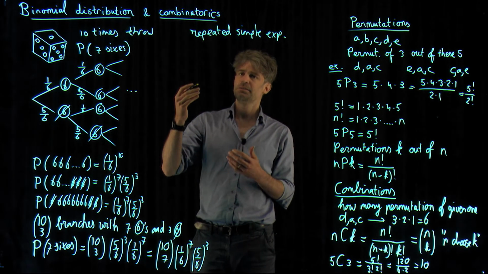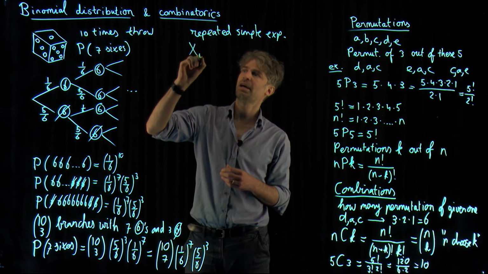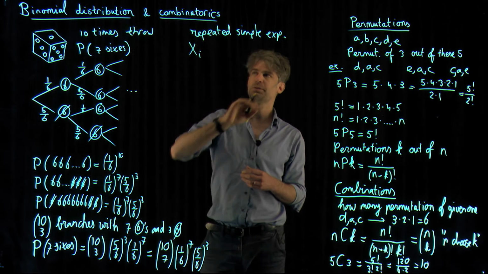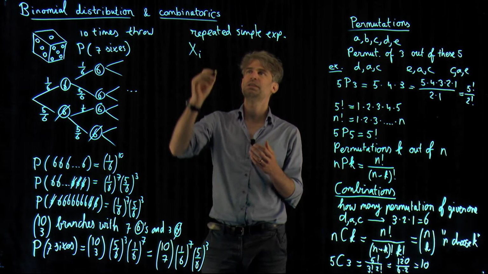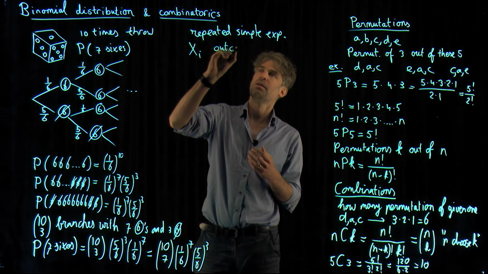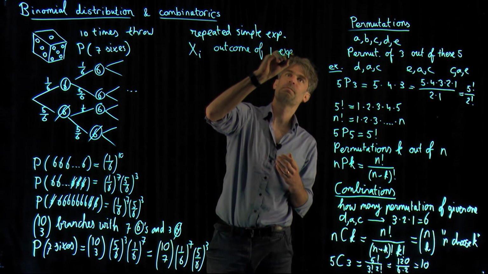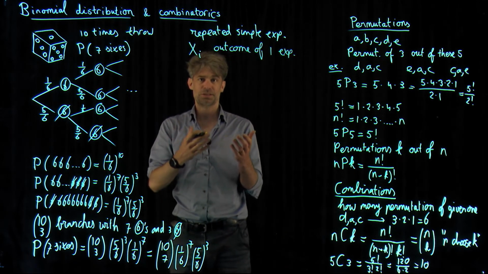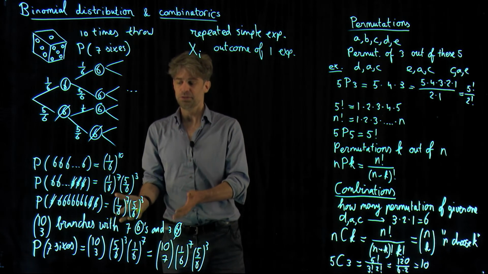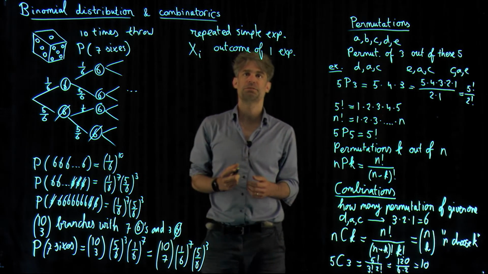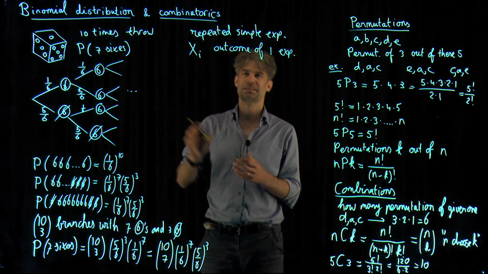So the random variable you're interested in is some variable xi. There are a whole bunch of them, one for each repetition, which have outcomes only 0 or 1. This is the outcome of one experiment, and it can only be 0 or 1. 0 means no success, in this case no 6, and 1 means success, which means 6 as a throw.